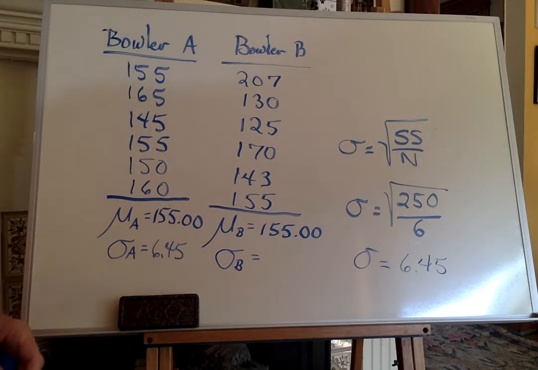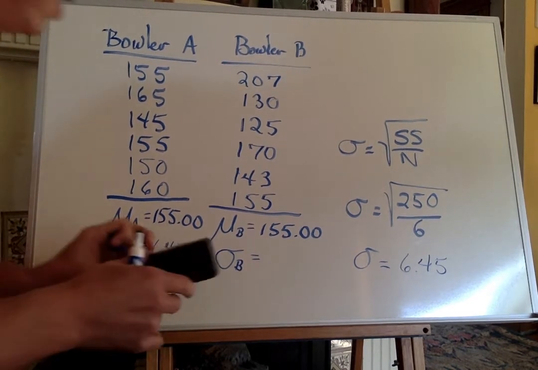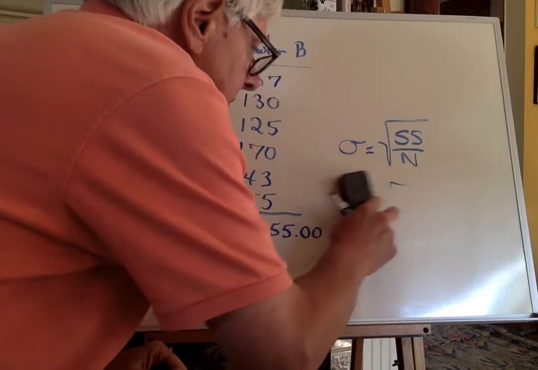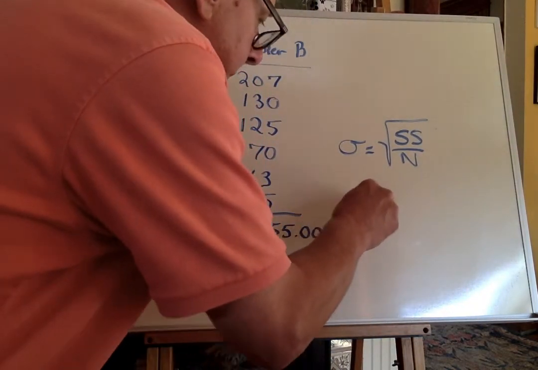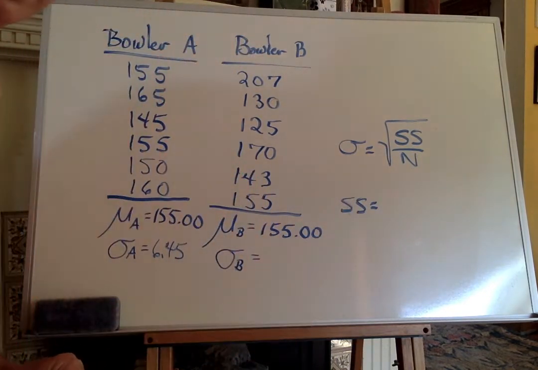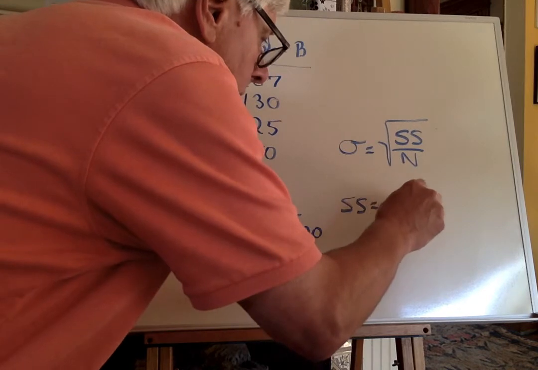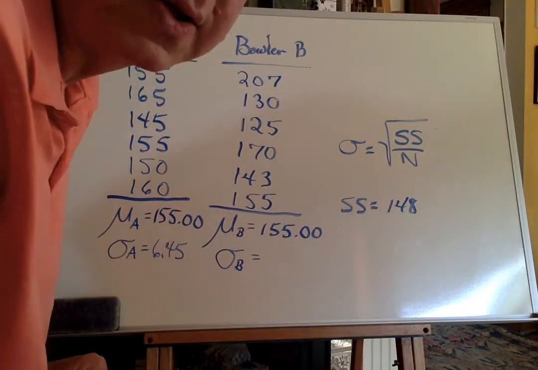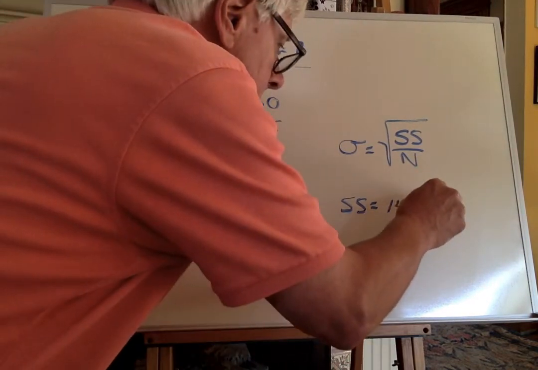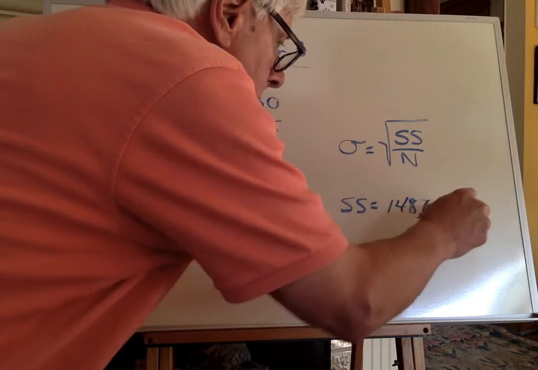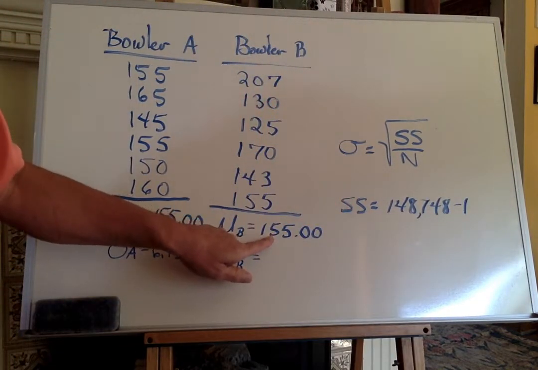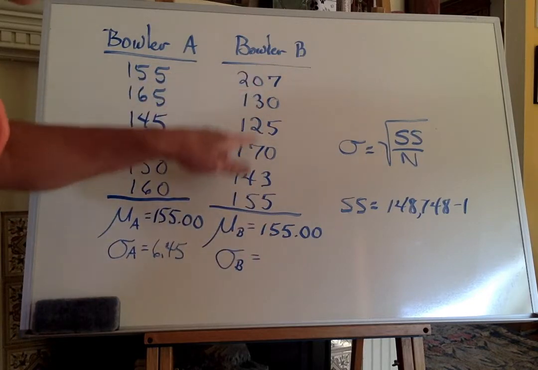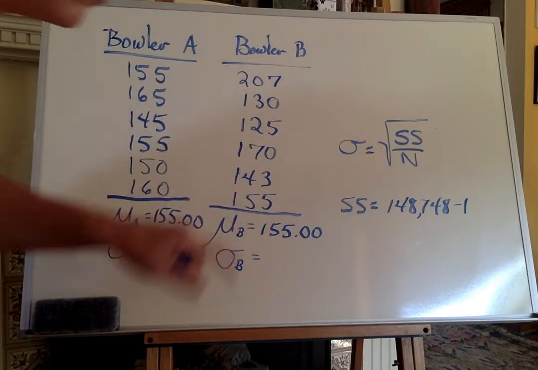Now, we're going to do the same procedure here for our sum of squares and standard deviation. And for the second group, 148,748 minus, and of course, since we have the same mean, that means that the addition of all these scores are the same.